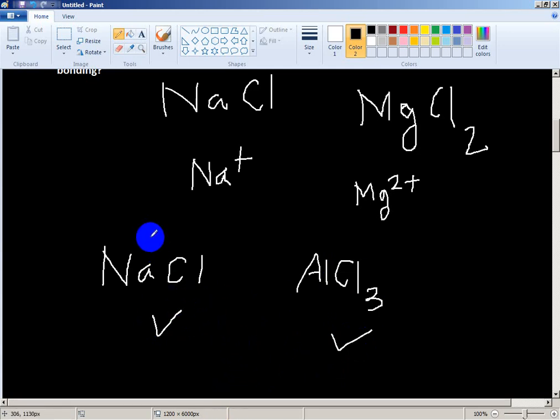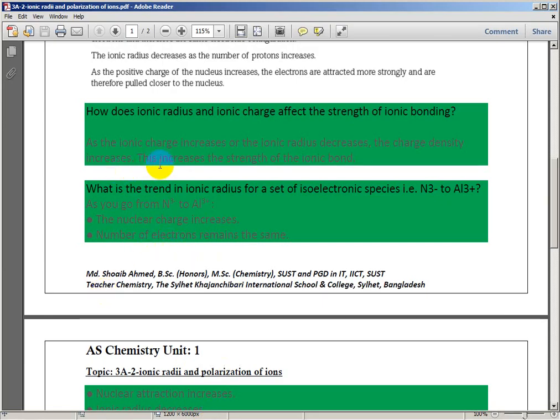No, this has 1 positive charge, here is 3 positive charge. The chloride is the same, so that is not the factor. The cation is the factor here, and I don't compare the anion. Sodium has 1 positive charge, aluminum has 3 positive charge. So it has more positive charge, so more strength. As the ionic charge increases, the charge density increases, and that increases the strength of the ionic bond. Okay.